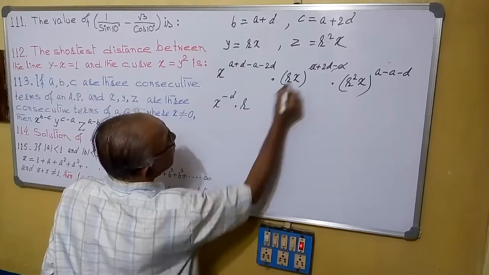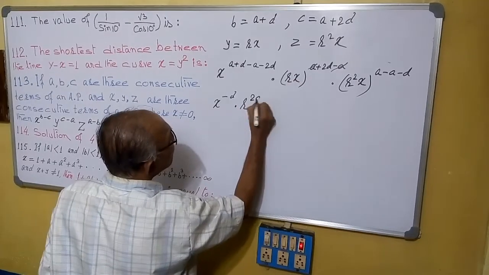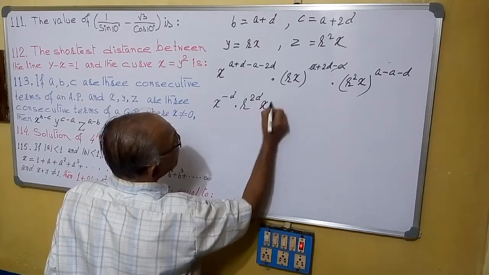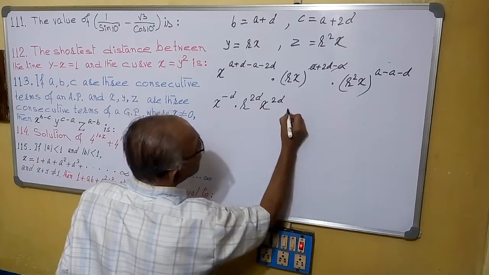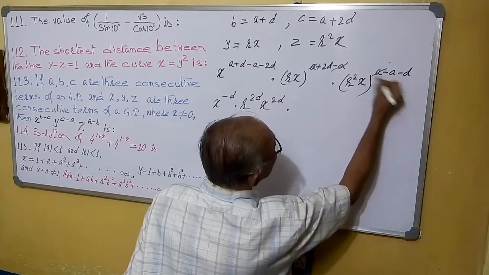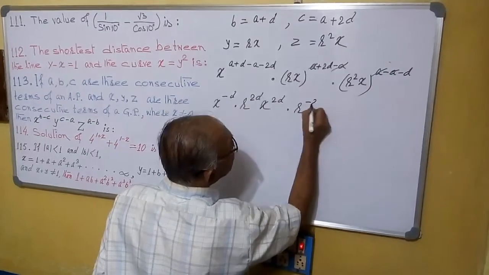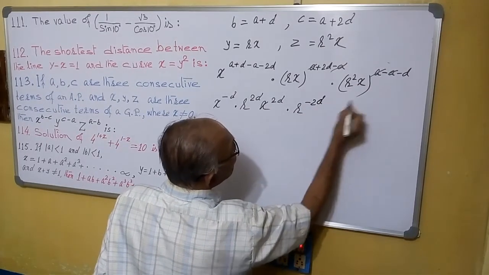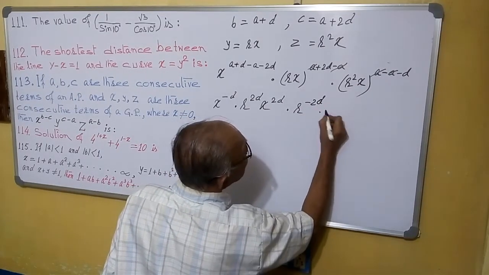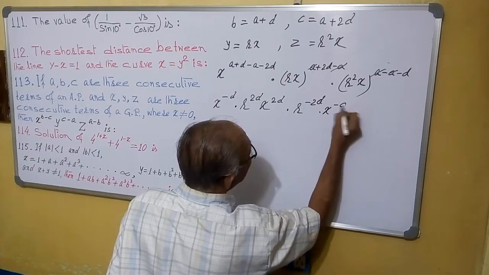r to the power 2d, x to the power 2d into r to the power minus 2d and x to the power minus d.